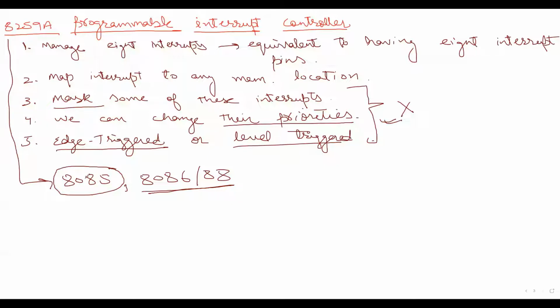Okay, so you have to keep in mind that some of you may find a lot of details about 8259A, but those details won't be the discussion of this particular lecture. So what will be the first job? First, we will discuss the pin diagram of this device, then we will see all its components and their functionality.